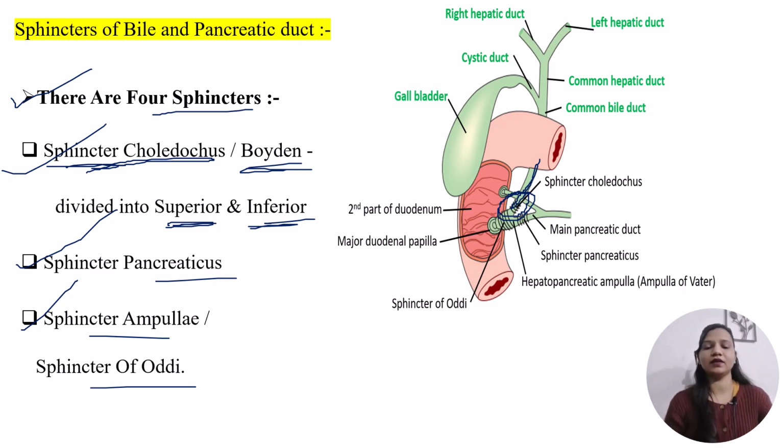Only then the sphincter choledochus opens, otherwise it remains closed. This is the most important function of the sphincter choledochus, and this sphincter is always present in a human being. The third sphincter is the sphincter pancreaticus. We can appreciate here, this sphincter is the sphincter pancreaticus in the pancreatic duct.